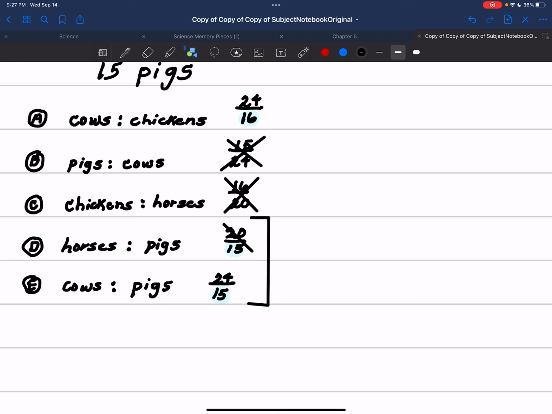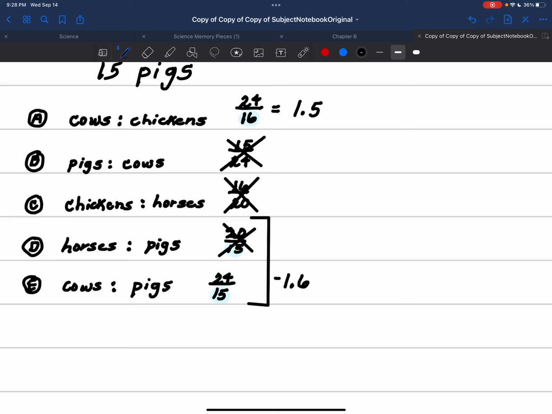So this is not going to be the answer. So it's between A or E. And to know which is greater, I'm going to do a division problem. So I'm going to do all clear, 24 divided by 16, not a fraction problem. And this comes down to be 1.5. And then I'm going to do 24 divided by 15, and it comes down to be 1.6.